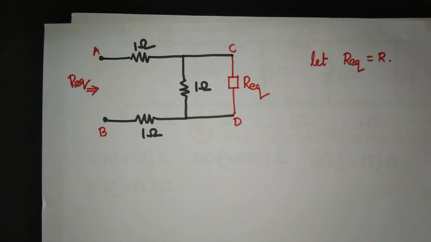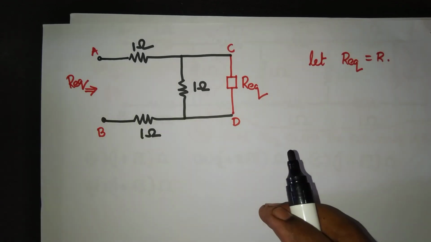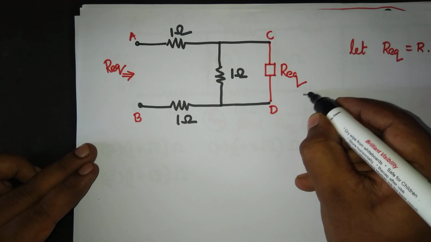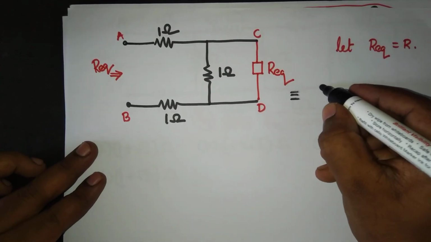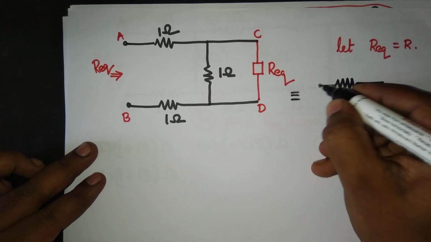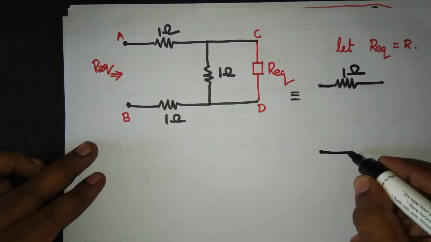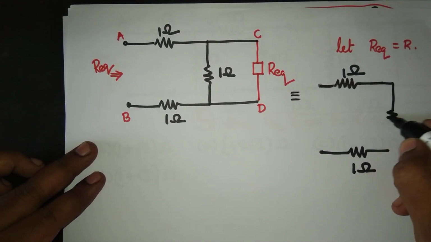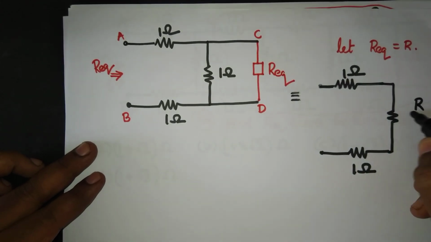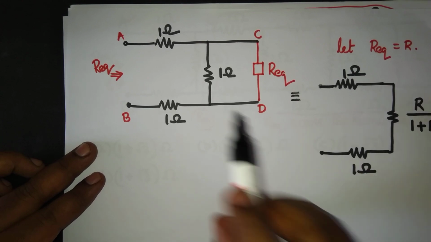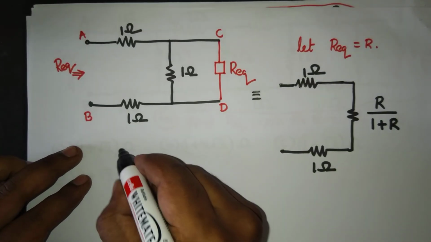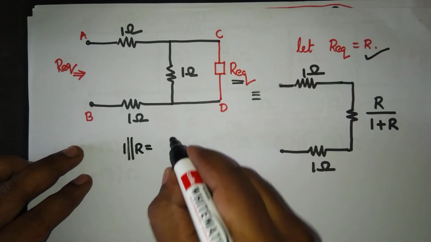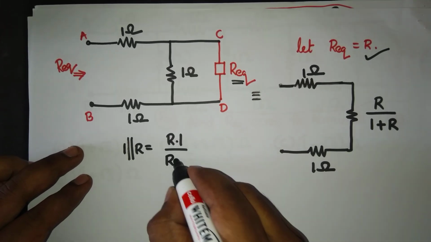Now in this case, this one is identical to 1 ohm, and here we have again 1 ohm, and this is R by 1 plus R. Because 1 parallel to R is what? 1 parallel to R is R times 1 by R plus 1.